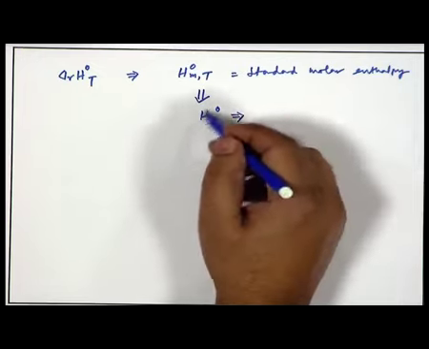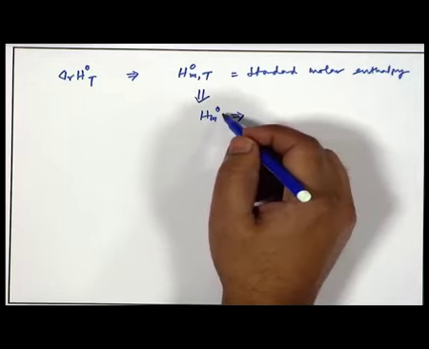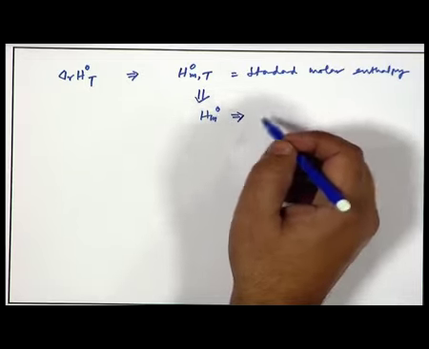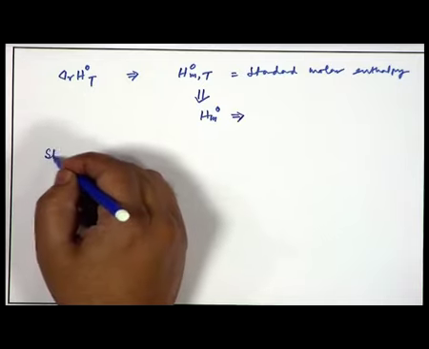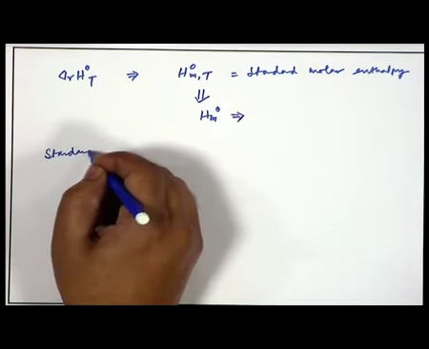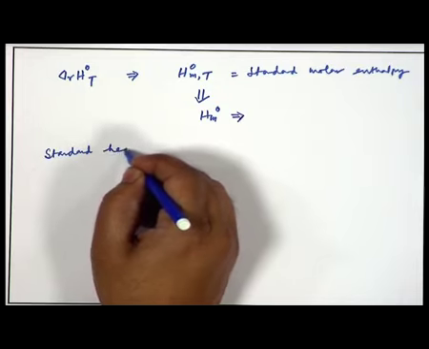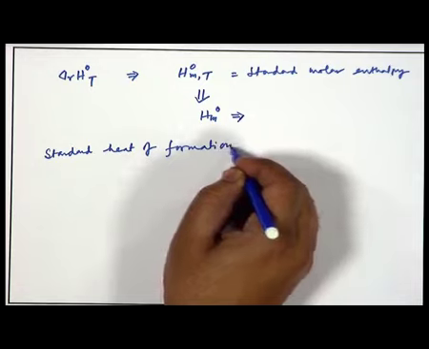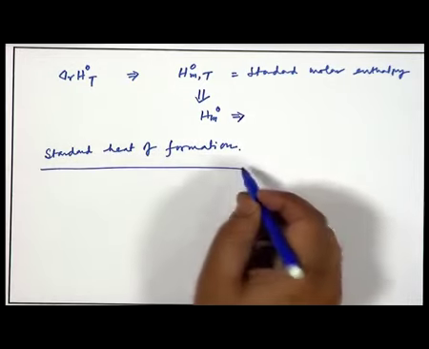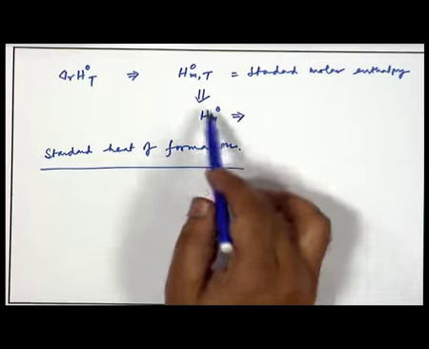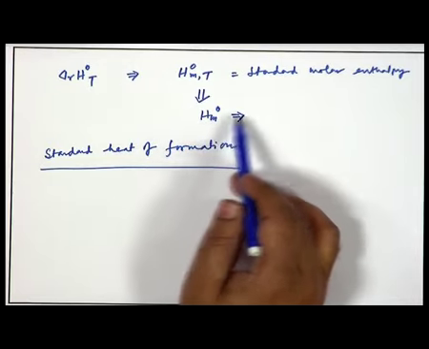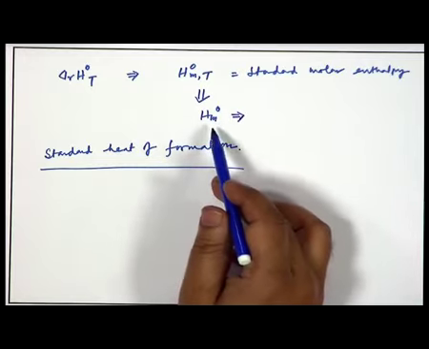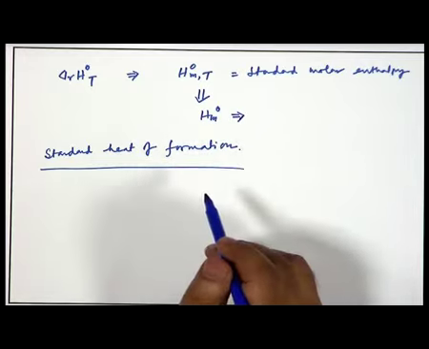So, we have to get this value in comparison to something or in an indirect way, and for that we will define something called standard heat of formation. Later on we can show that instead of standard molar enthalpy, we can replace this with standard heat of formation. We will show that in the next lecture.